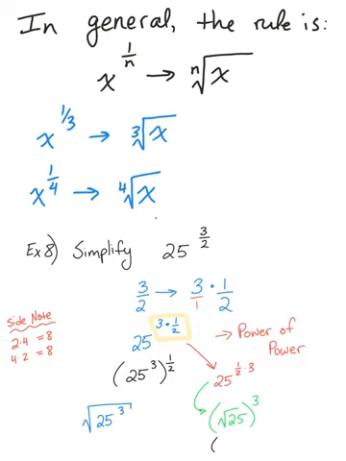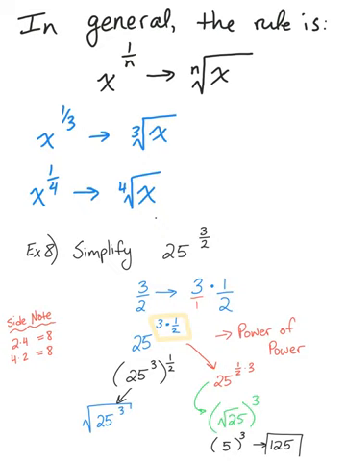So the square root of 25, I can simplify it to just 5 with the 3 on the outside, and that's going to give me 125 as my final answer. Whereas if I did it this way, I would have to do 25 times 25 times 25 and then square root it, but I wouldn't know what that number would be, so I would have to do the prime factorization, and it'll get a little bit messy.